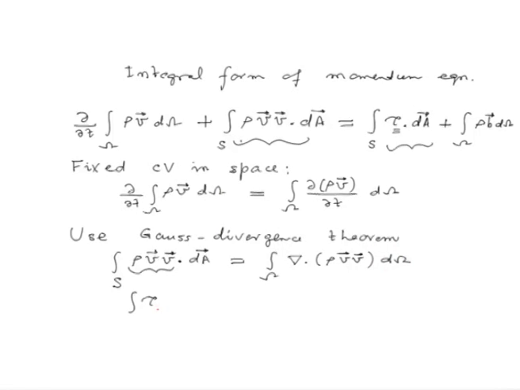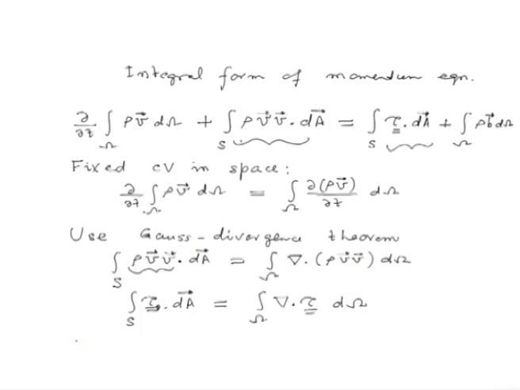Similarly, the surface integral of the stress tensor multiplied by the area element, tau dot dA, becomes the volume integral of divergence of tau d omega. So, now we have converted all the terms in our integral momentum equation into volume integrals.